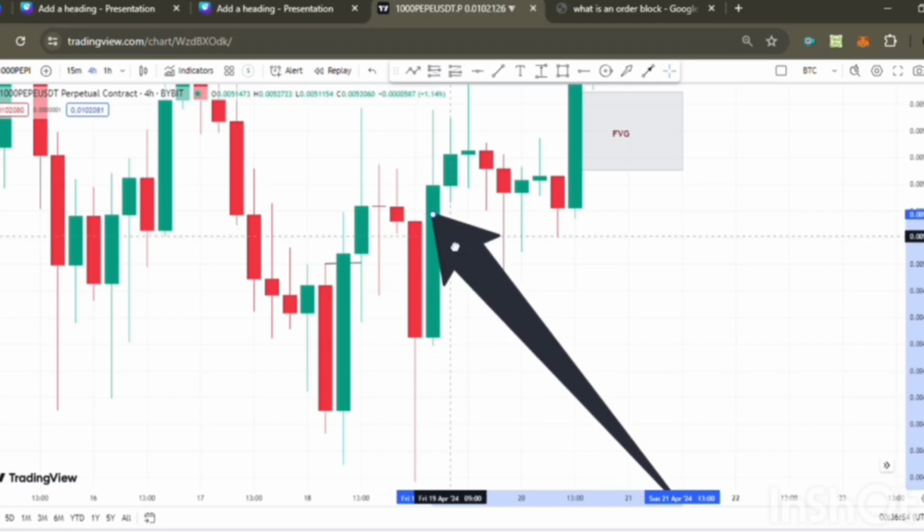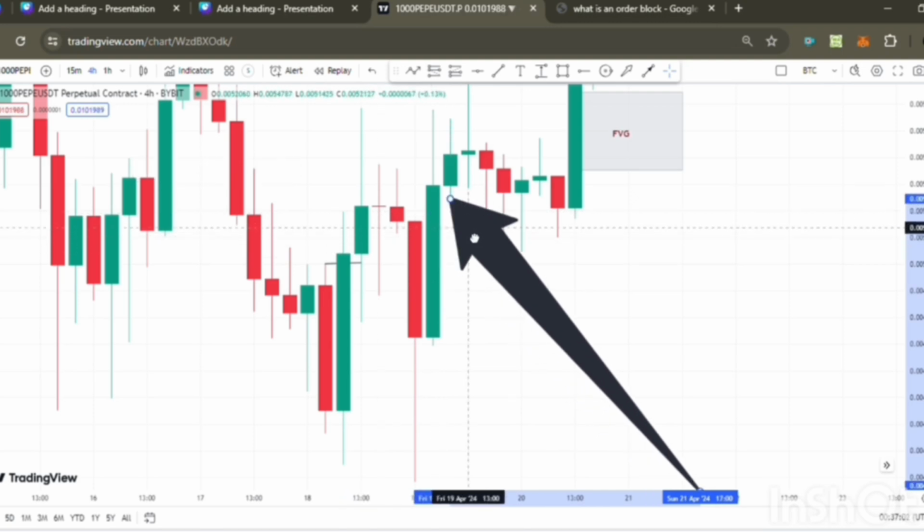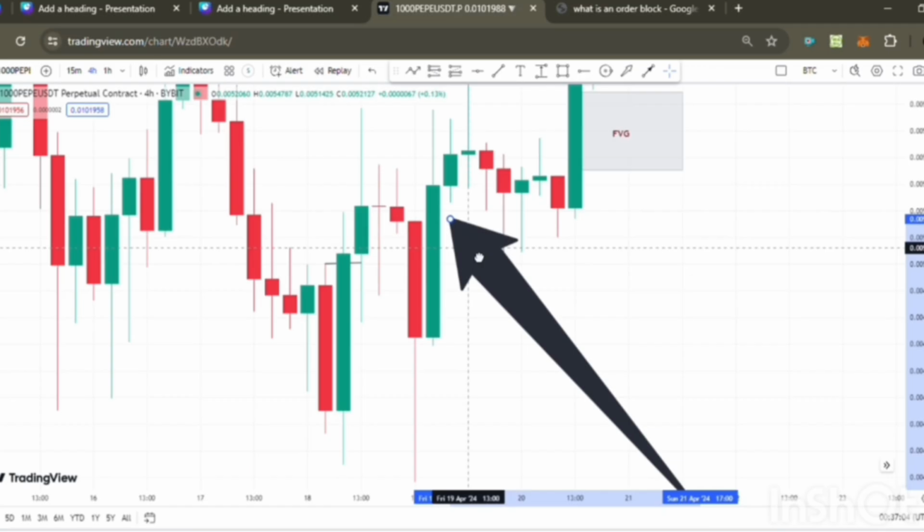But there is something that makes it more valid or more strong. Do you understand? As long as there is a gap between them, that is market inefficiency or market imbalance.